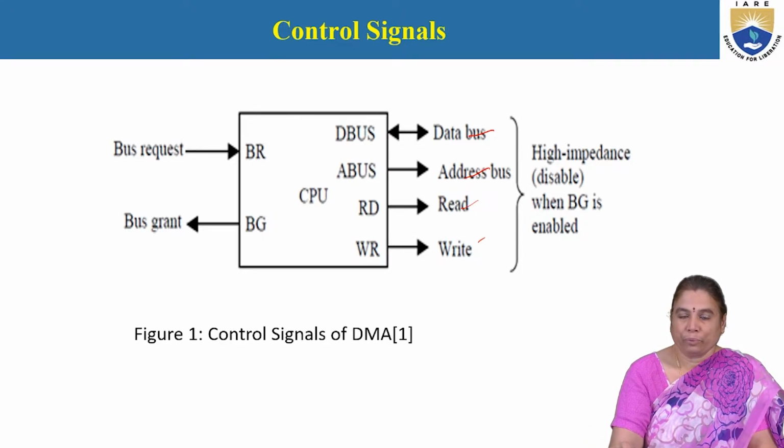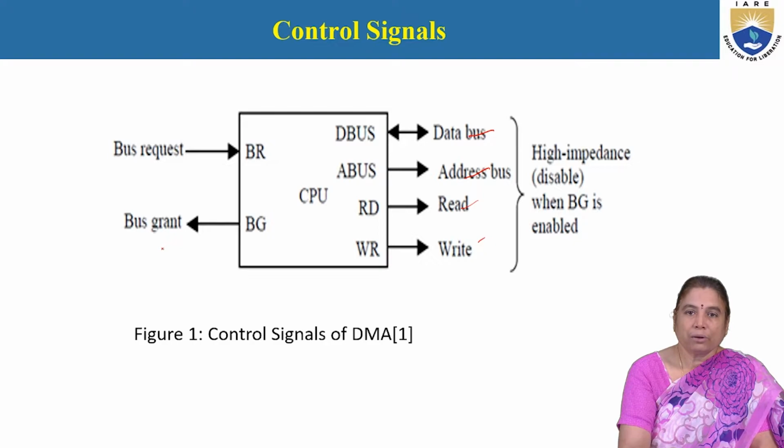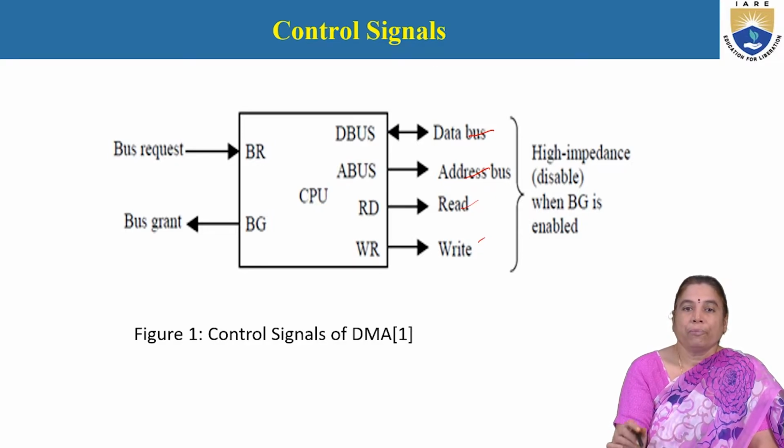After keeping these buses in the high impedance state, the CPU issues the bus grant signal to the DMA controller to indicate that the DMA can be involved in the direct data transfer, so that the DMA controller has control over the buses and is involved in the data transfer without intervention of the CPU.